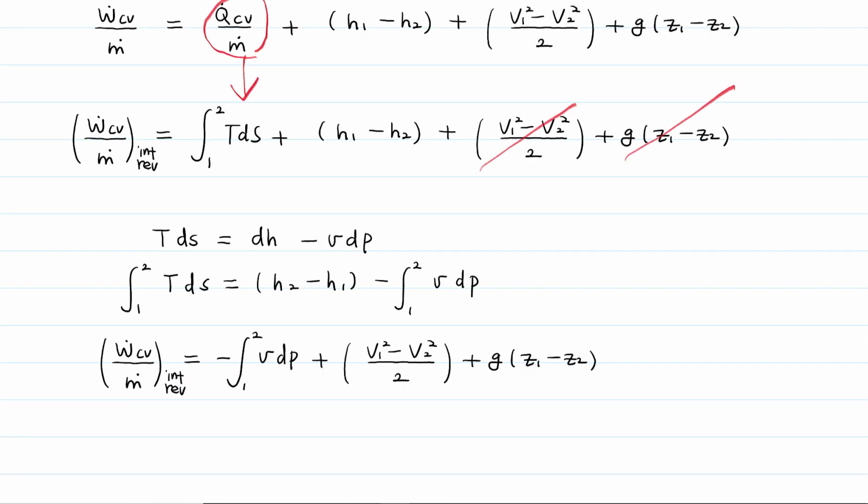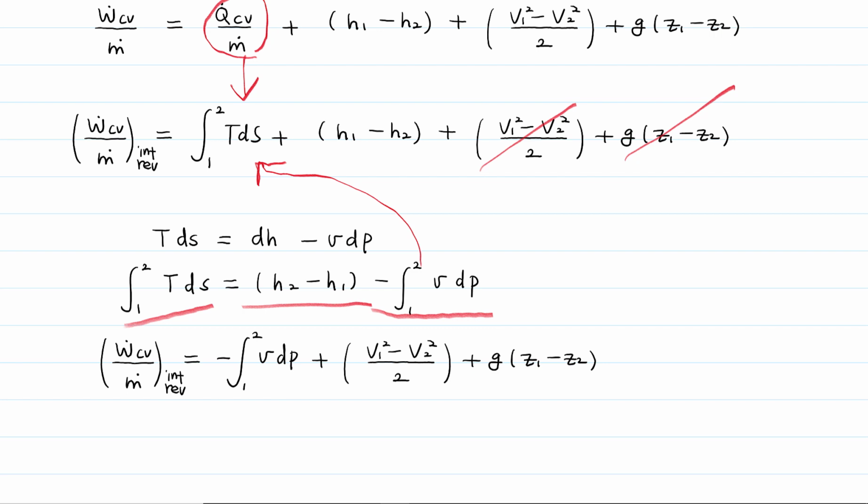Using the second T ds equation, the integral of T with respect to s can be written as h2 minus h1 minus the integral of v, specific volume, with respect to pressure. So plug this into the equation.